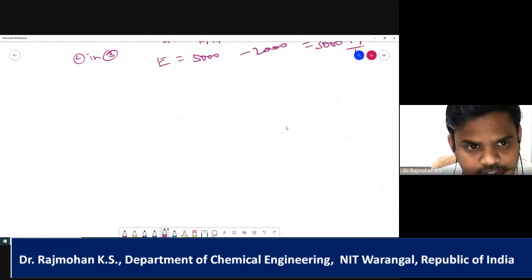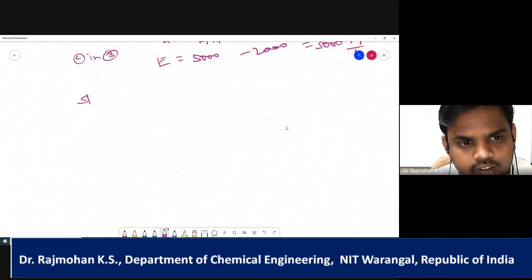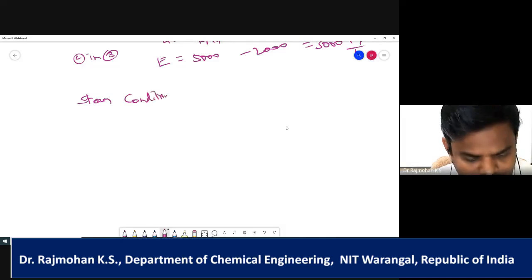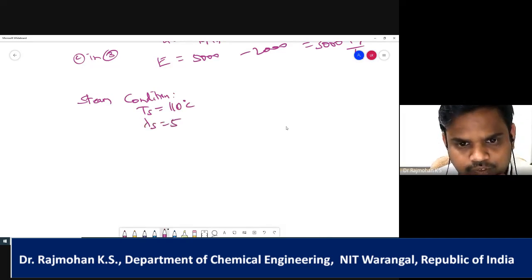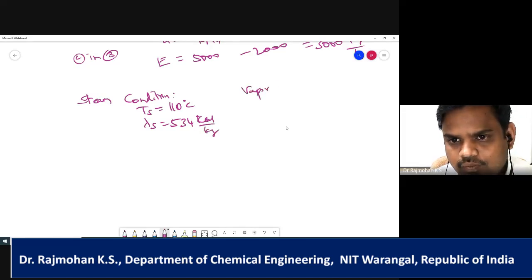Now steam conditions are given. I'm just writing that. Steam condition is TS equal to 110 degrees Celsius. Lambda is given 534 kilocalorie per kg. What is vapor space condition?